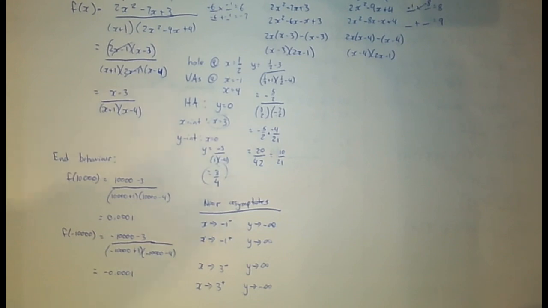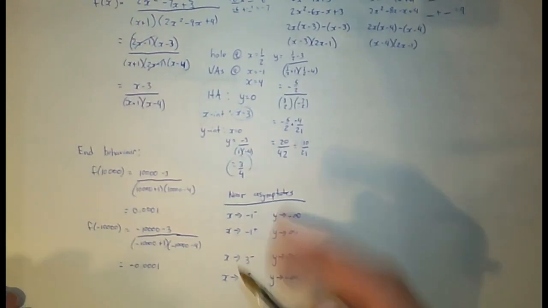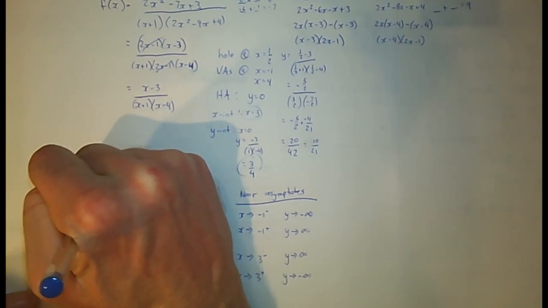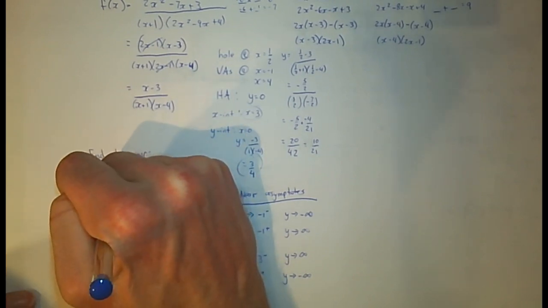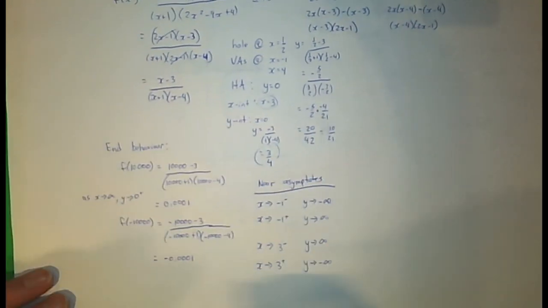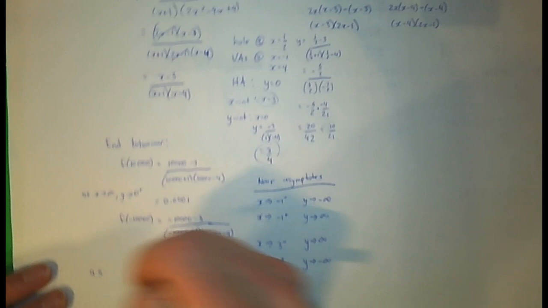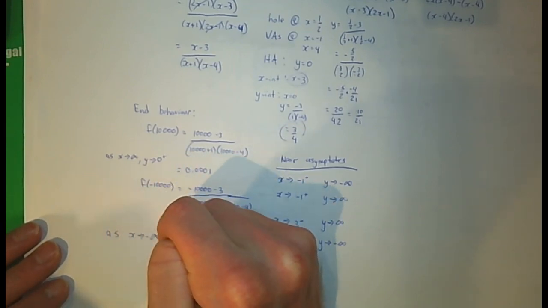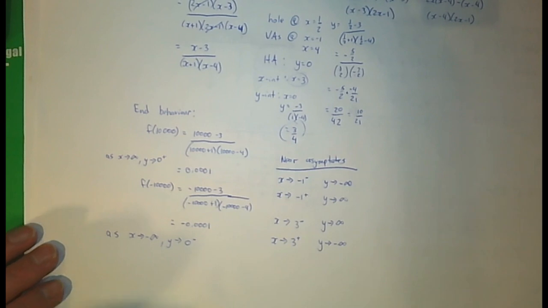We're good to go. And so these guys here yield as x approaches infinity, y approaches 0 from the top. And this guy here tells us as x approaches negative infinity, y approaches 0 from the bottom.